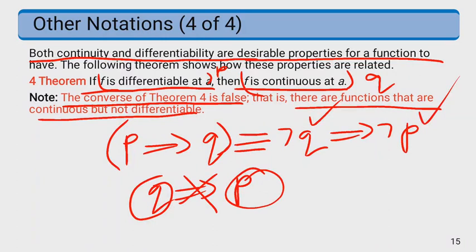Those are the two equivalent statements. If the function is not continuous, you can conclude that it's not differentiable. But if the function is continuous, you cannot conclude that it is differentiable. You won't come to this temptation. But if it's not continuous straight away, you can conclude that it's not differentiable.